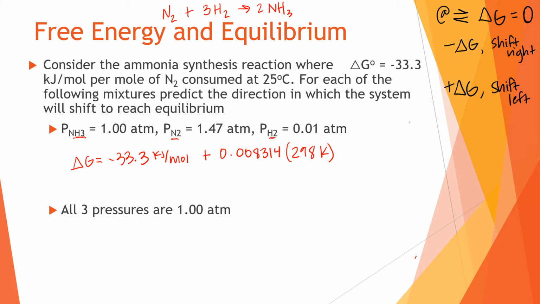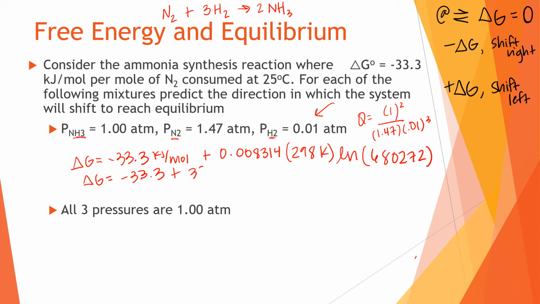And then natural log of Q, well, we have to calculate Q given these pressures here. So my product, NH3, has a pressure of 1 squared, over N2, 1.47, times H2, 0.01 cubed. And when you do that math, you get 680,272.